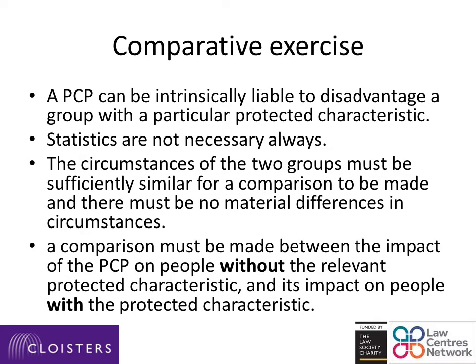As with direct discrimination, you have to conduct a comparative exercise. The PCP is capable of being intrinsically liable to disadvantage a group with a particular characteristic, so that statistics are not always necessary. However, in most cases, you'll have to make the comparison, and the circumstances of the two groups you pick must be sufficiently similar for a comparison to be made, and there must be no material differences in the circumstances.